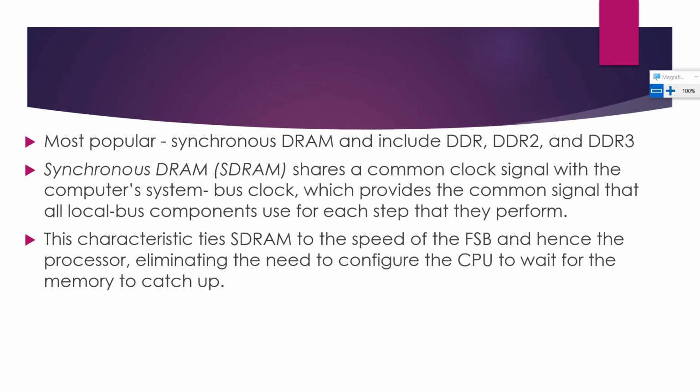So here the characteristic, we already talked about that. This characteristic ties SDRAM to the speed of the front side bus, and hence the processor, eliminating the need to configure the CPU to wait for the memory to catch up. They are all caught up.